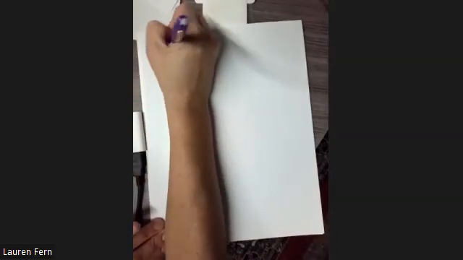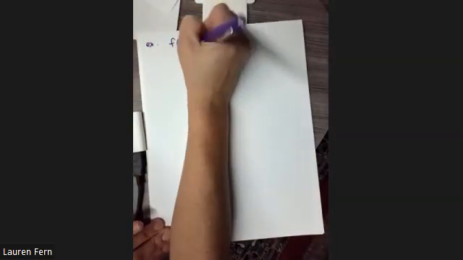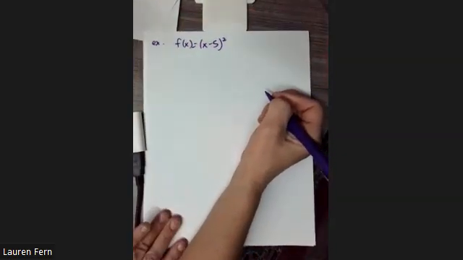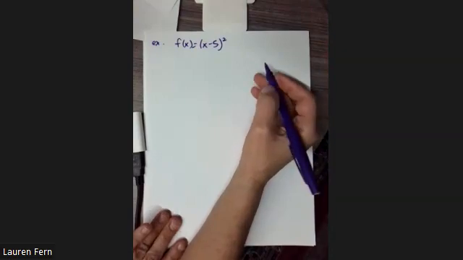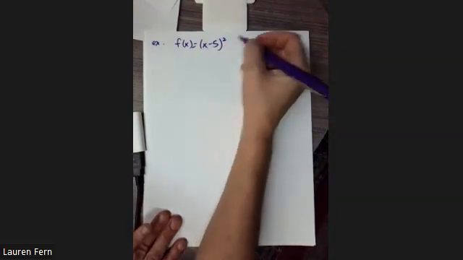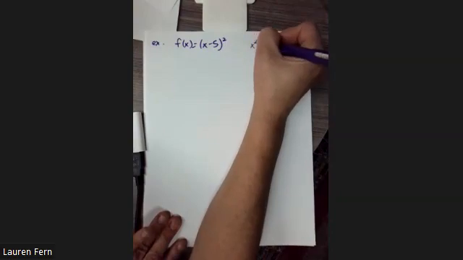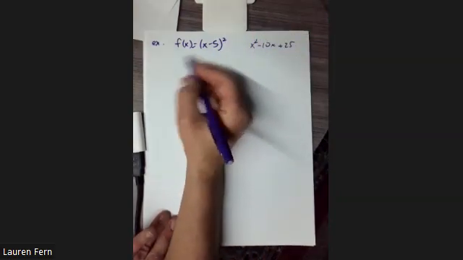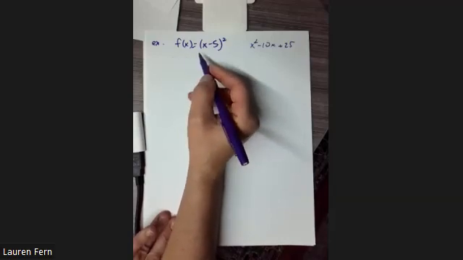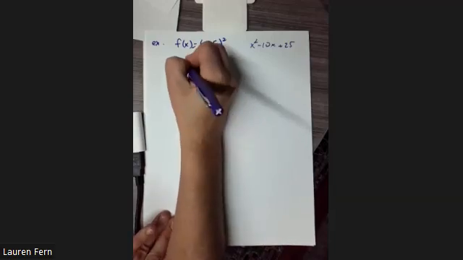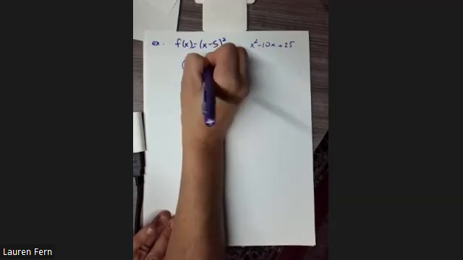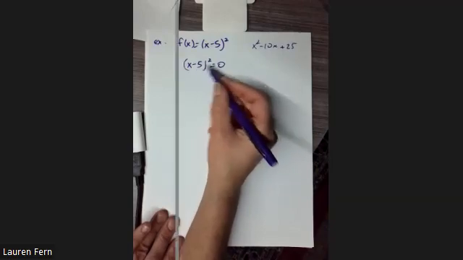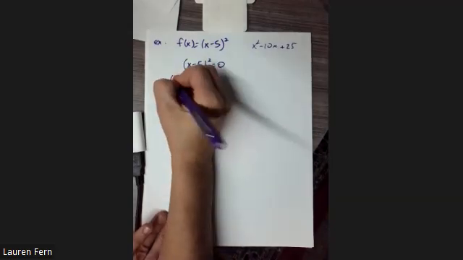Let's take this example. What if this is the way I'm writing my quadratic? Okay, we could multiply this out. I urge you to FOIL it. You're going to get x squared minus 10x plus 25. But if all we want to do is find our horizontal intercepts, what we do is we take this and set it equal to 0. Well, you could say, well, what does it mean to have this squared?